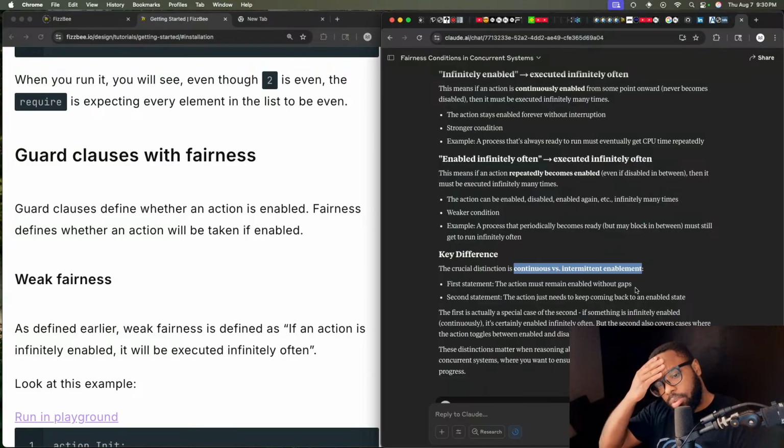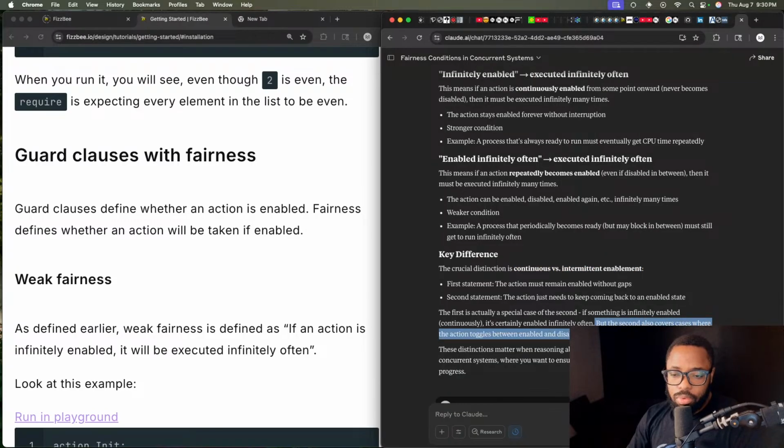And for the second one, the action just needs to keep going back to the enabled state. The second one also covers cases where the action toggles between enabled and disabled states infinitely.